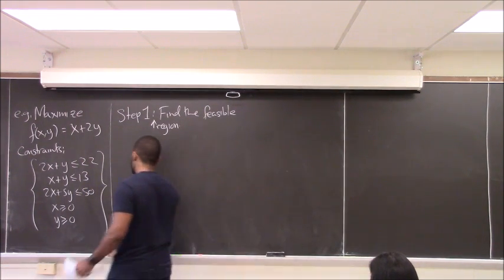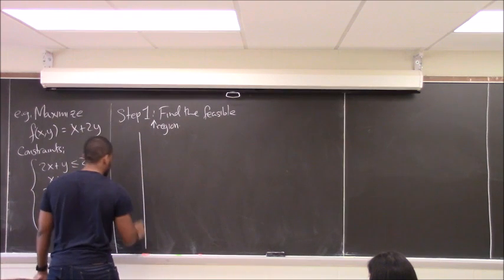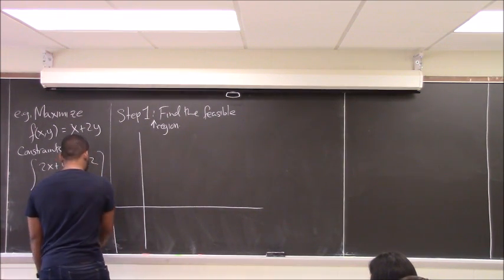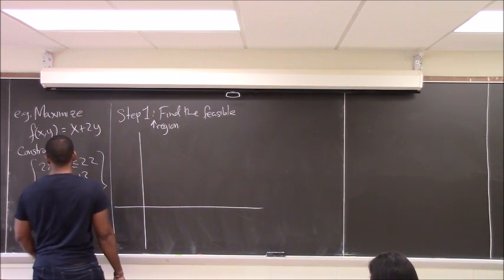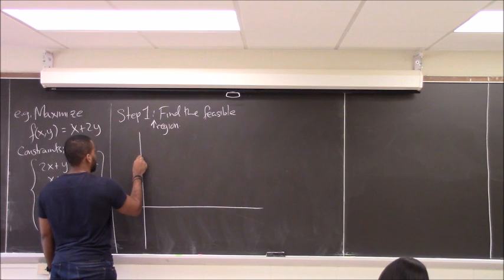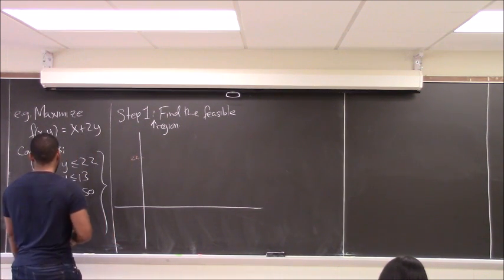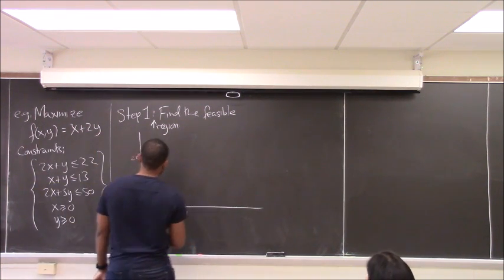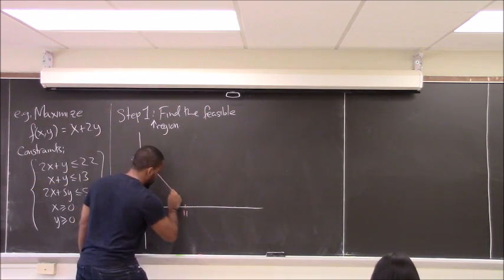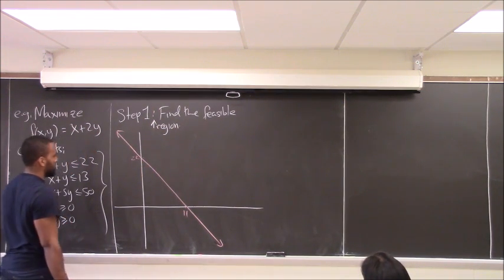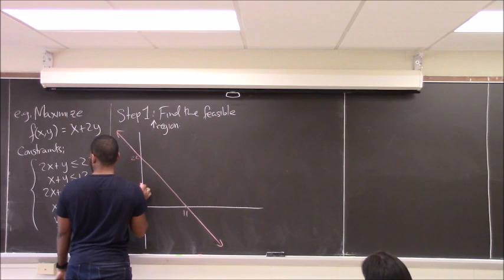You have to start over by plotting all the points I want to avoid. The points are 22, 13, and 10. On the y-axis, let's just start plotting points again. The first one is y equals 22, and on the x-axis it was 11. Then the second one is 13 and 13.